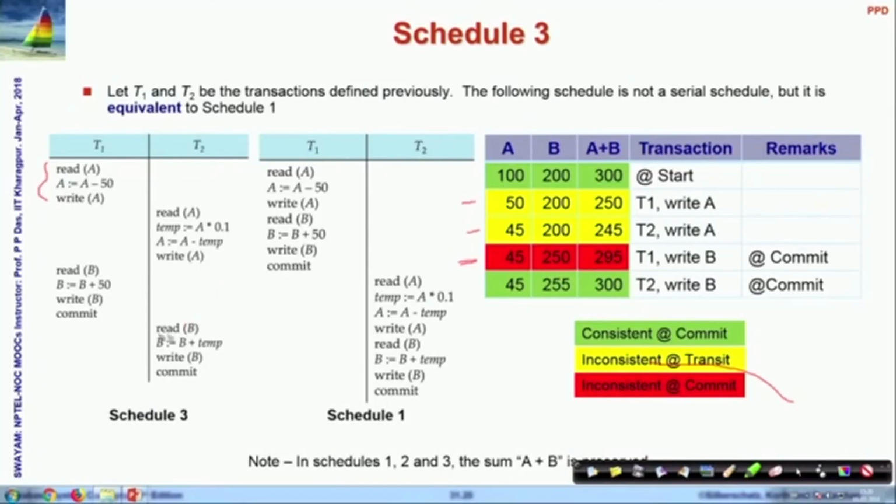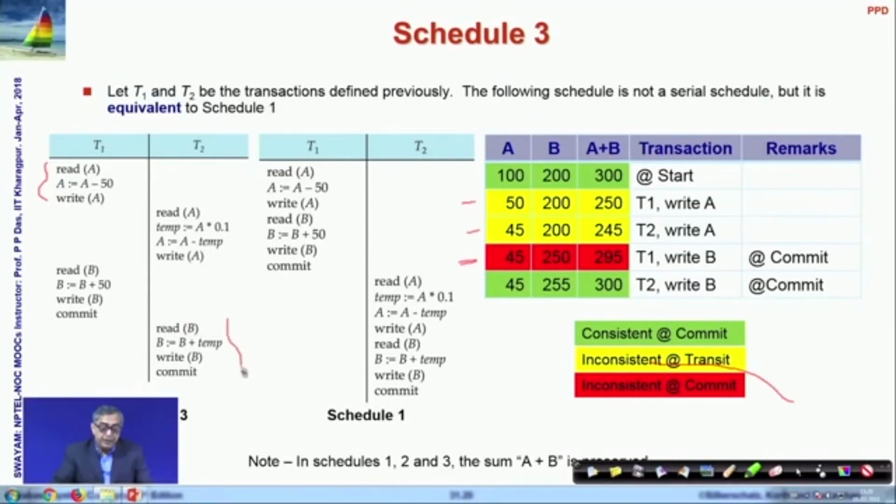But once you allow the rest of the transaction, that is B gets updated, and that also has committed, your schedule comprising transaction 1 and transaction 2 has completed, and you have again reached a state which is consistent.